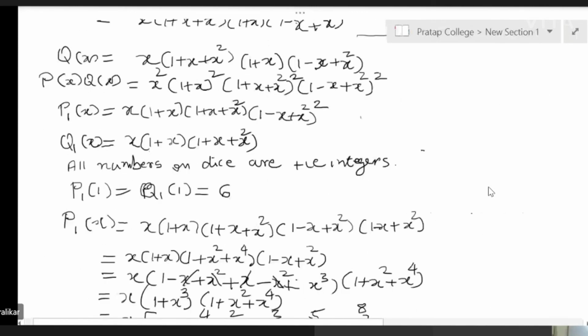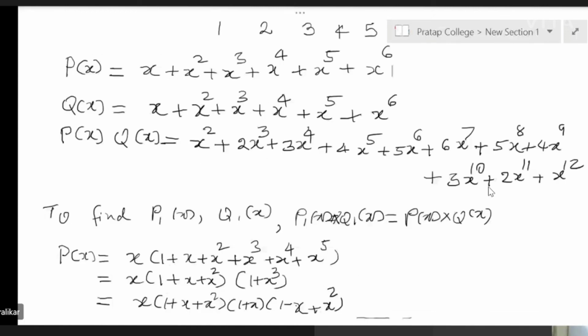Yes. Is this the polynomial? PxQx will be this. And you can notice that p1x into q1x gives you exactly the same polynomial. But if you are a mathematician, you don't really have to check. I would suggest that you check it once, verify it.